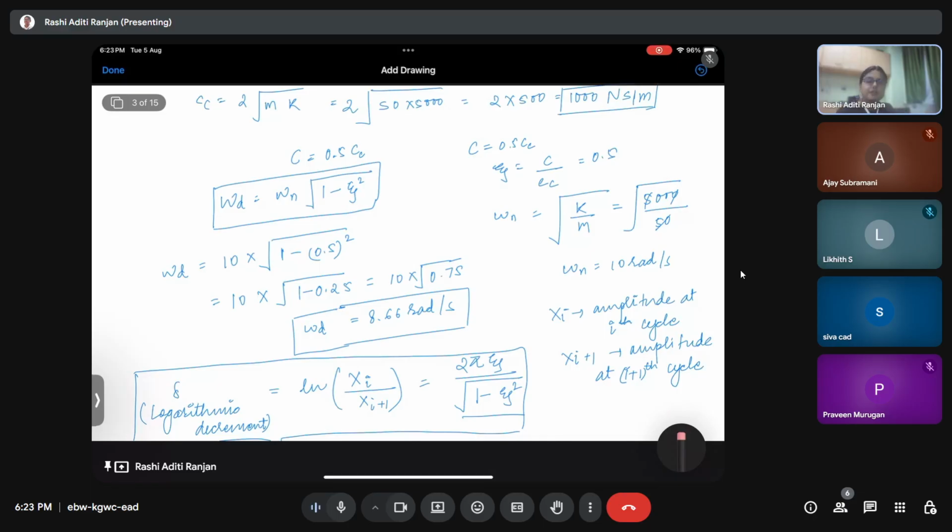Because if eta is very small, its square is going to be smaller, and if we are subtracting that from 1, it is almost going to be 1 only. So for the sake of easier calculation, we neglect that. But in this case, eta is 0.5, which is a very significant value. Even if I square it, it is 0.25, which is 25% of 1, right? So here we should not consider the denominator as 1, but rather consider it. Okay?